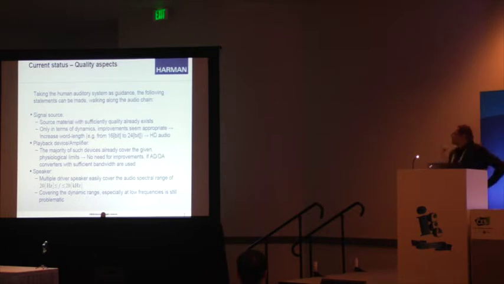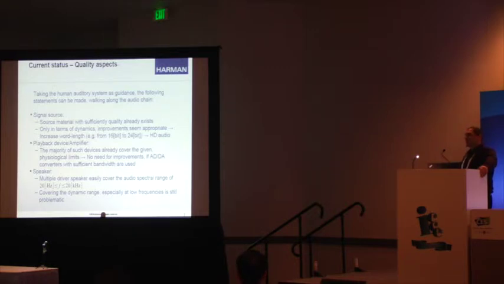Okay, if we take the human auditory system as a guidance, we can make the following statements. The source material usually is no problem as long as it has at least 16 bits, or better 24 bits. This means as soon as we switch to HD audio, having at least 24 bits, we are fine, because then both limitations of our hearing system are covered.